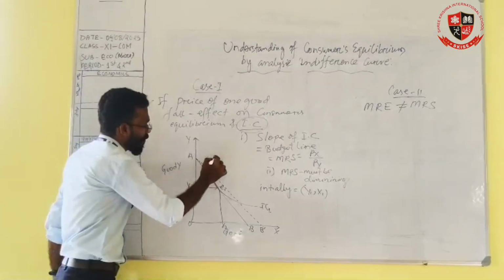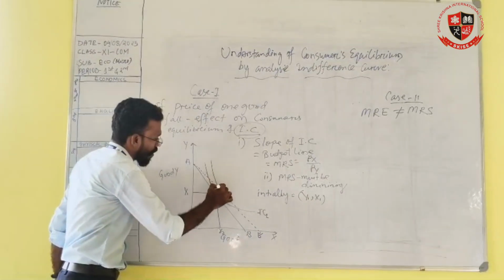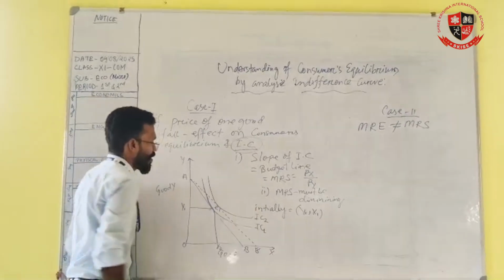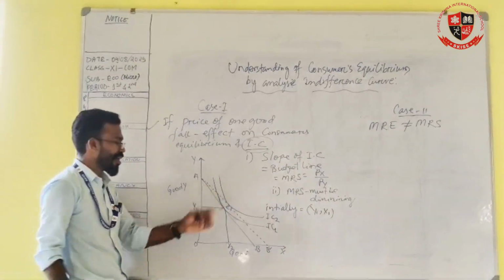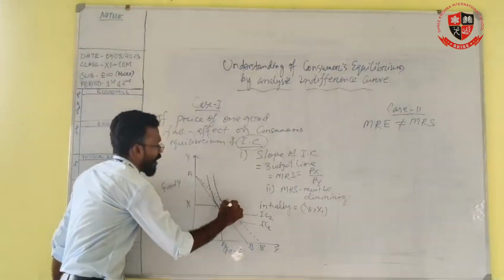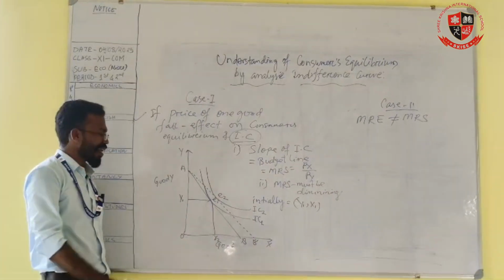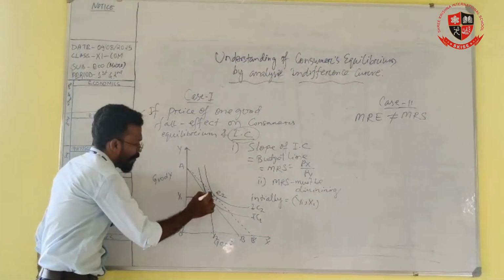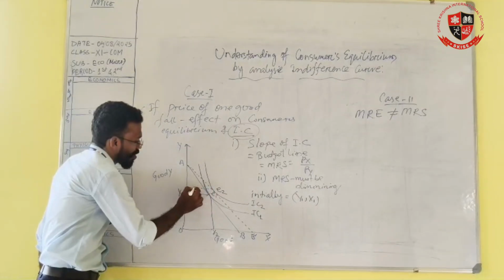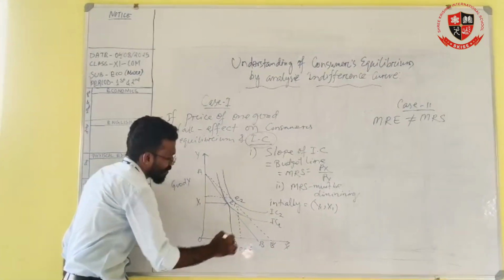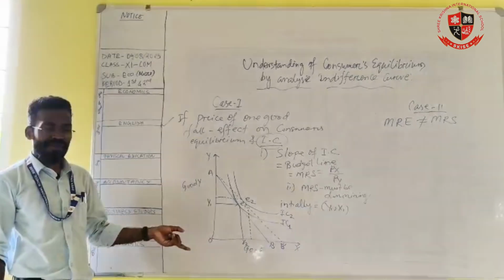And if you draw the indifference curve, the consumer attains a new equilibrium point, that is E2. And if you draw the lines towards good Y and good X, what can you observe here?